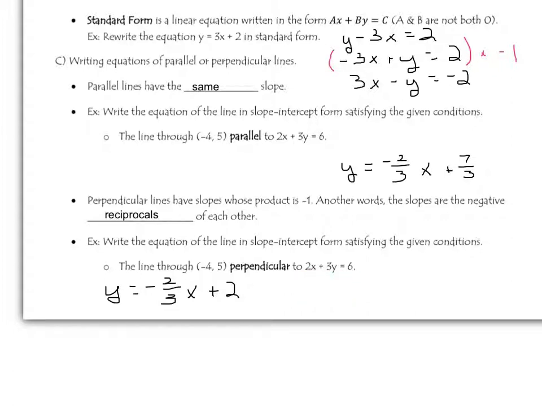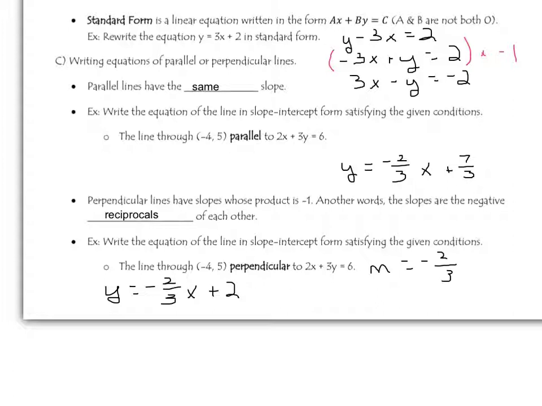Not -2/3 x. And that brings me to a very important point. When you type in slope in your homework or on your test, it would not be -2/3 x. It would not have the x in it. The slope is simply -2/3, so be sure not to put that x there also.